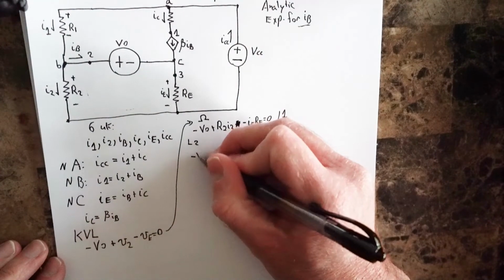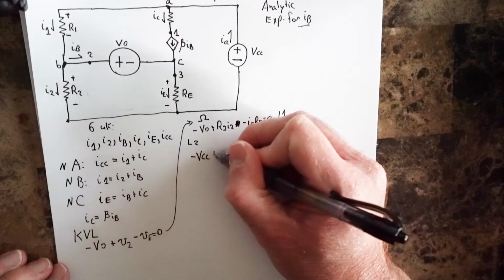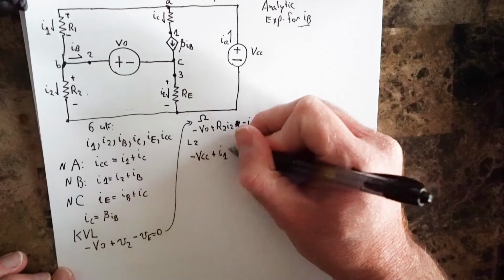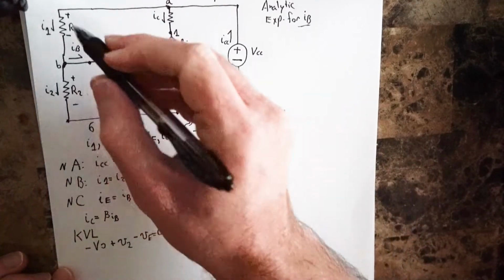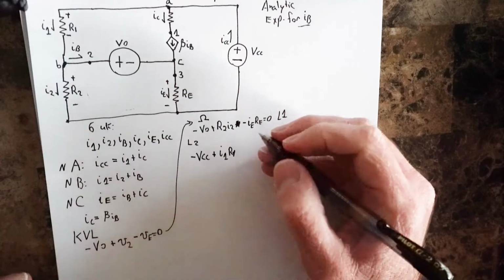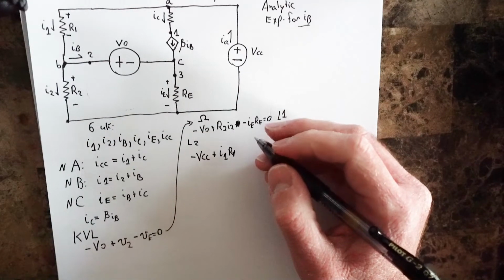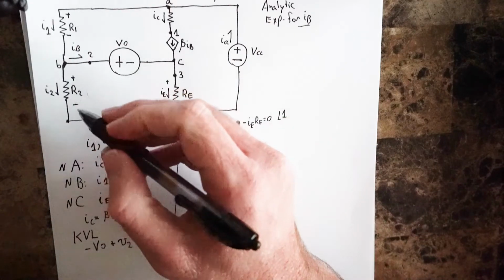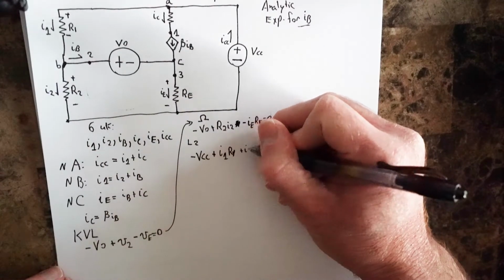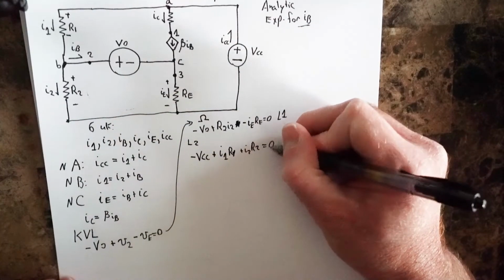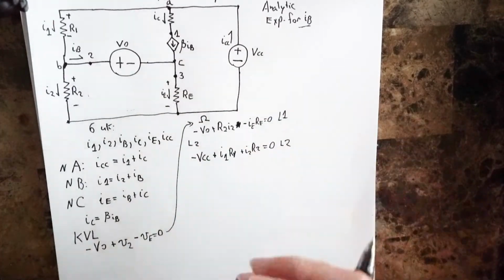So we're going to have minus VCC plus, then we hit I1R1, or the voltage across this, but substituted with Ohm's law. Then we're going to go ahead and hit R2 plus I2 R2, and that's it. We complete the loop. It's equal to 0, so we'll call this loop 2.